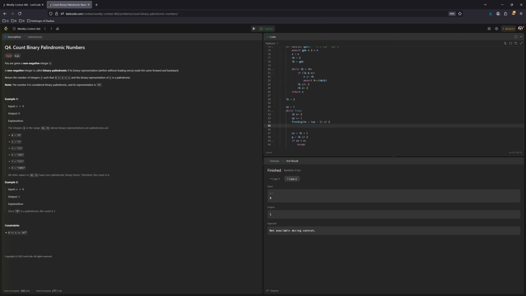Yeah, because when CP is 2, then it's going to be, current power is 0. Free digits is going to be this plus 1, which we could accomplish like this.